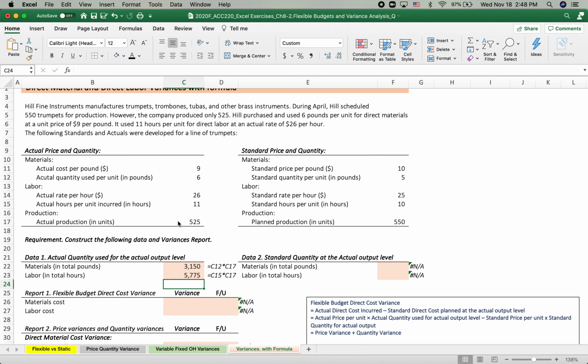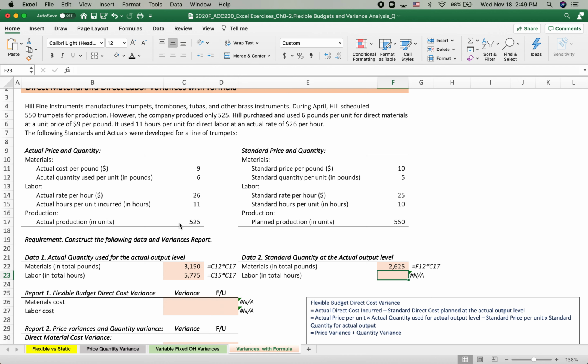525, okay? In the same way, in the standard information, the standard quantity per unit, we expected 5 pounds. 5 pounds times not the planned production, but the actual production. So in total we have 2,625 pounds as the standard quantity.